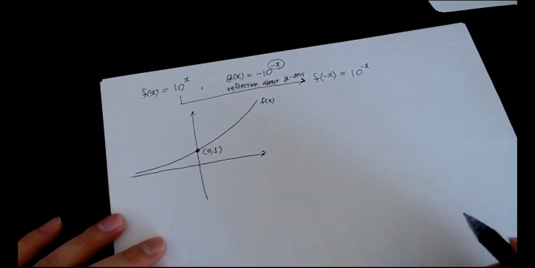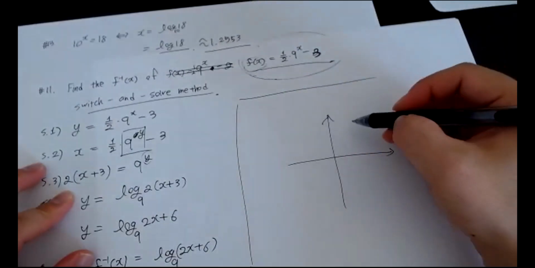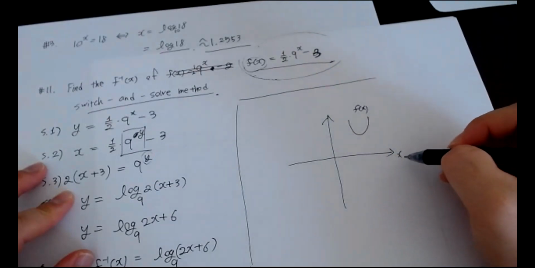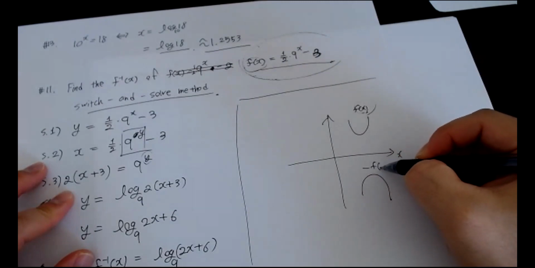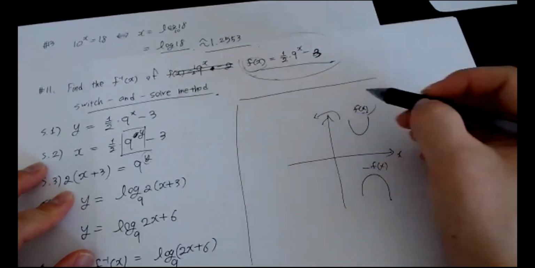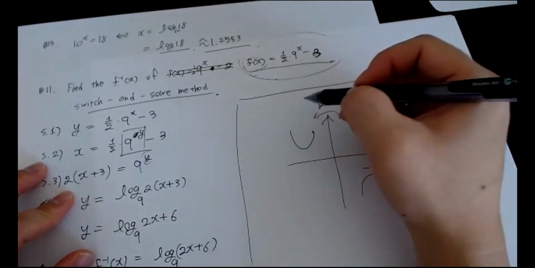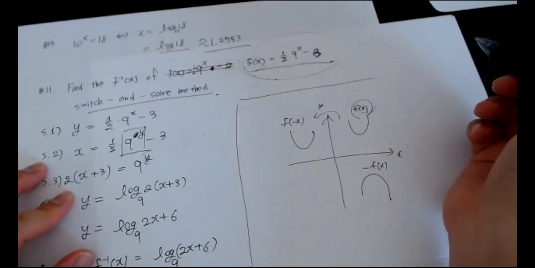Let me review the transformations and reflections. This is the graph of f(x). Reflection about the x-axis, we got this, and the function is changed to negative f(x). Reflection about the y-axis, we got this, and the function is changed to f(-x).